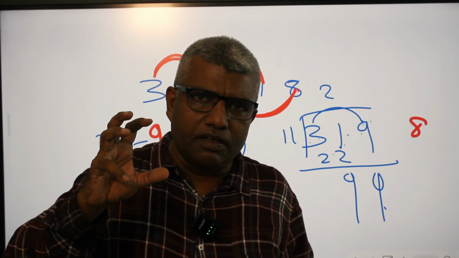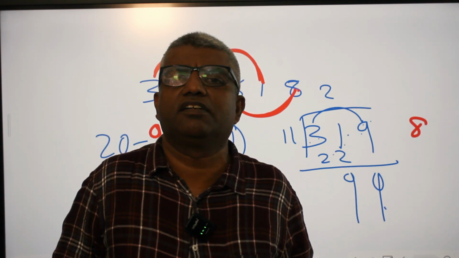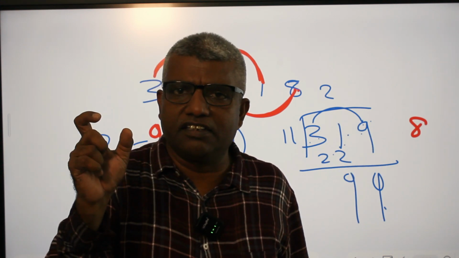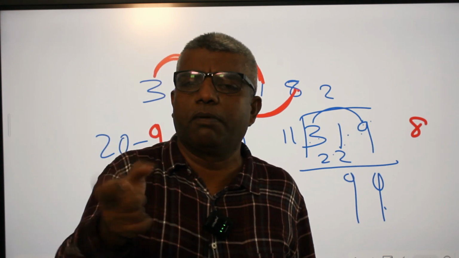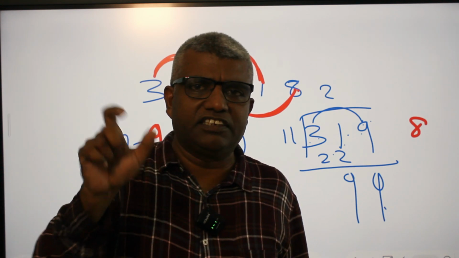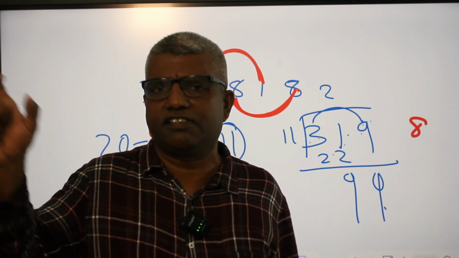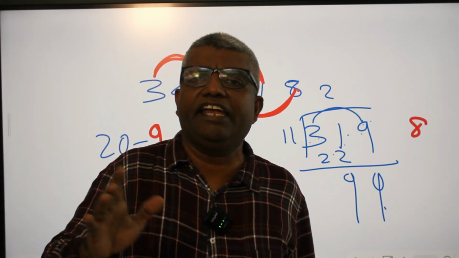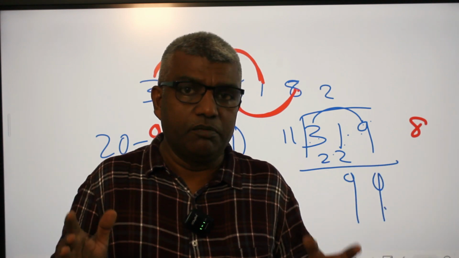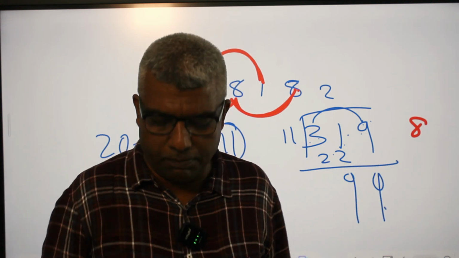For 7, twice the last digit and subtract from the rest of the number, and if the difference is divisible by 7, then the number is divisible by 7. For 8, last 3 digits, if it is divisible by 8, then the number is divisible by 8. For 9, add all the digits like 3 and check whether it is divisible by 9, then the number is divisible by 9.